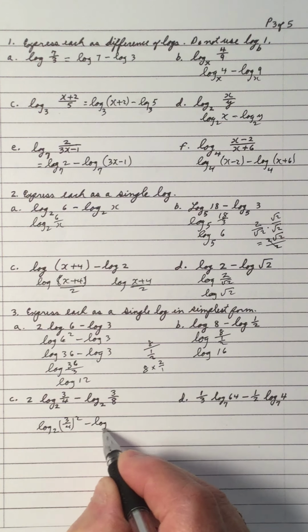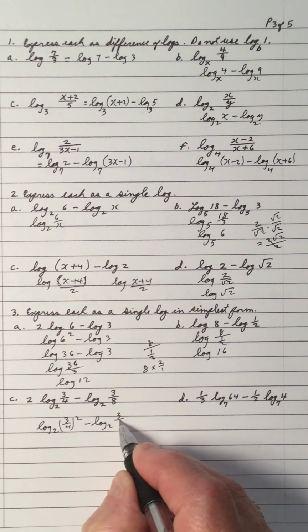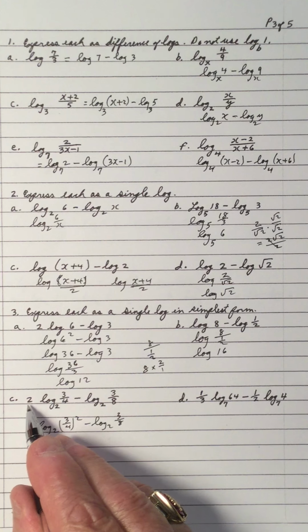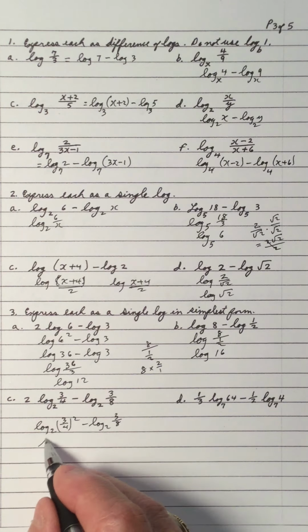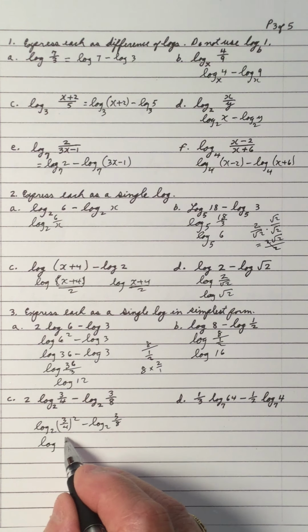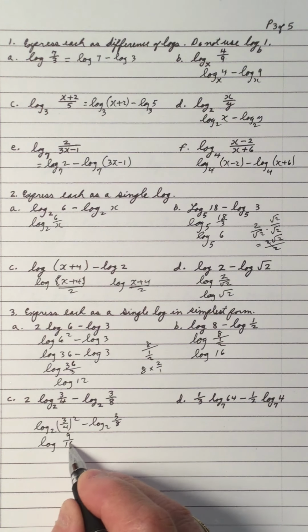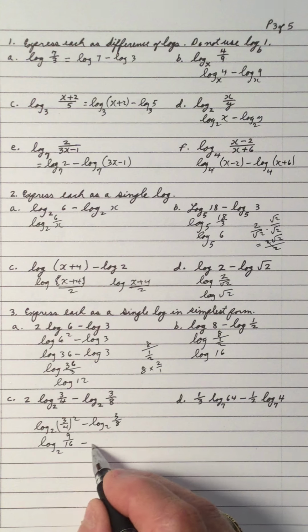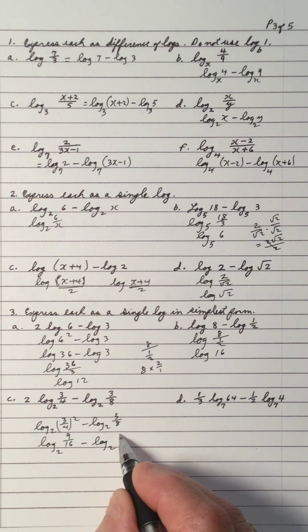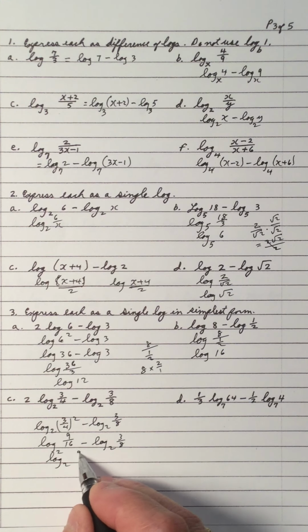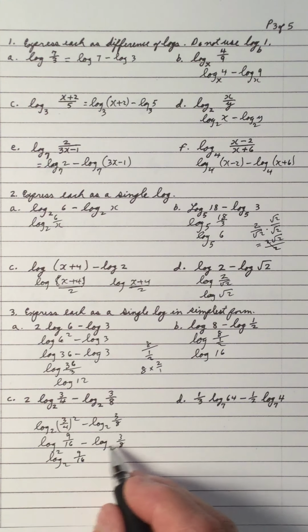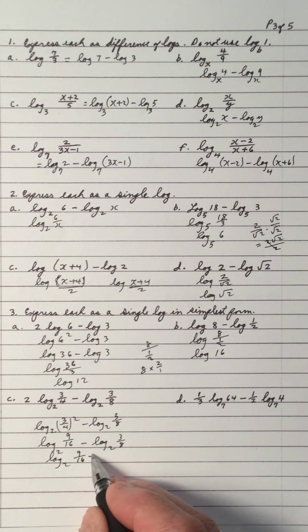We move the 2, which is in front, as the power. We simplify that, and we get 9 over 16, base 2, minus 3/8. So that's the log base 2 of 9 over 16, minus 3/8.